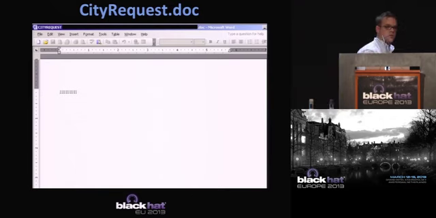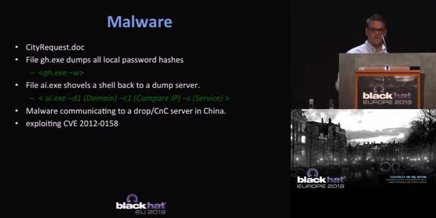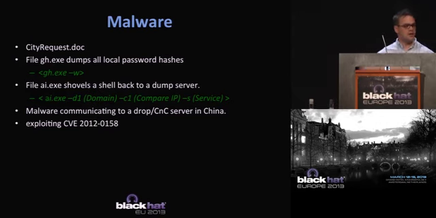Looking at it a little bit further, cityrequest.doc dumps two files on the system itself. File gh.exe, which is essentially just a local password hash dump. And then ai.exe, which shovels a shell back to a drop server to be able to exfiltrate documents. I was able to interact directly with the malware itself once I pulled those two executables out.